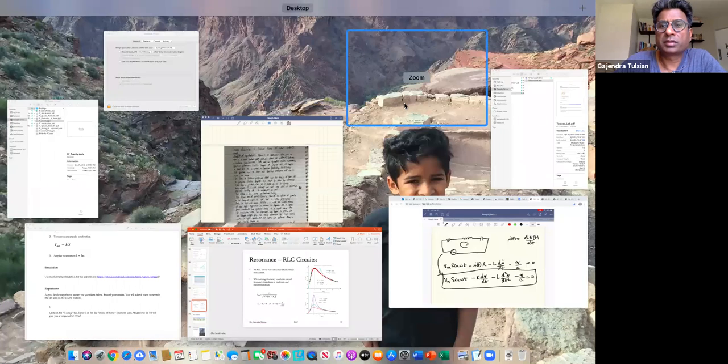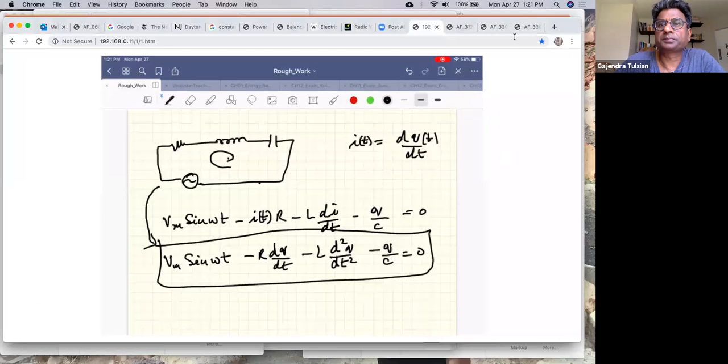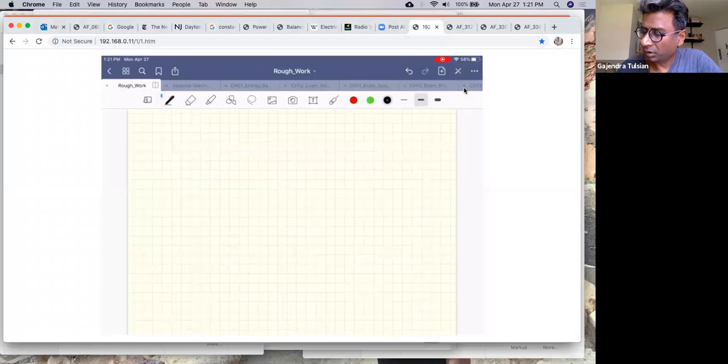All right, so let's look at the RLC circuit. So here, again, is the series RLC circuit: resistance, inductance, capacitance.